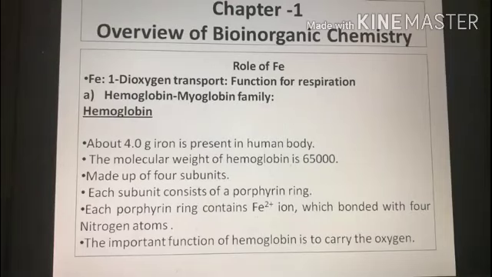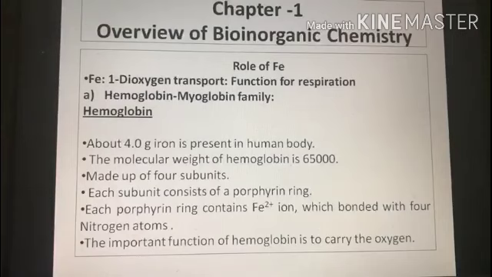Hemoglobin transports oxygen from lungs or gills to tissues and muscles. A delicate balance is achieved by the dioxygen molecule which binds to an iron or copper center without undergoing an irreversible electron transfer or redox reaction leading to oxygen-oxygen bond cleavage.